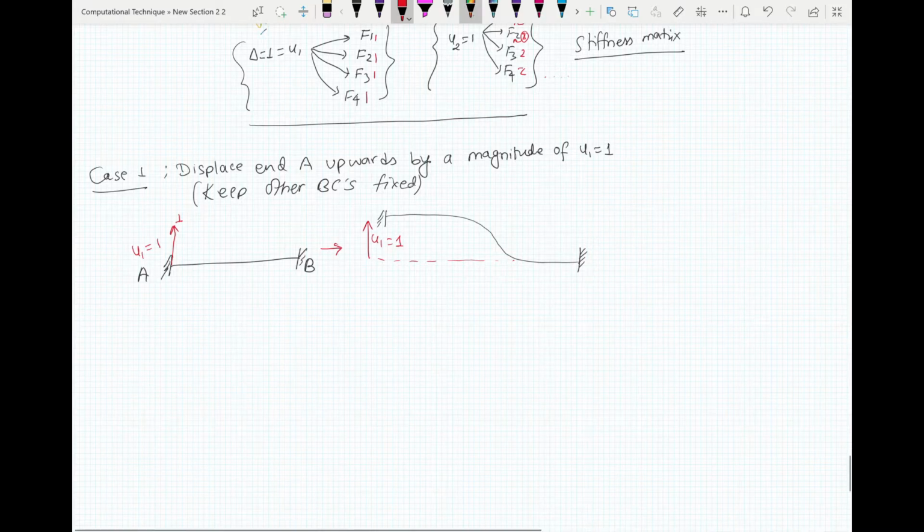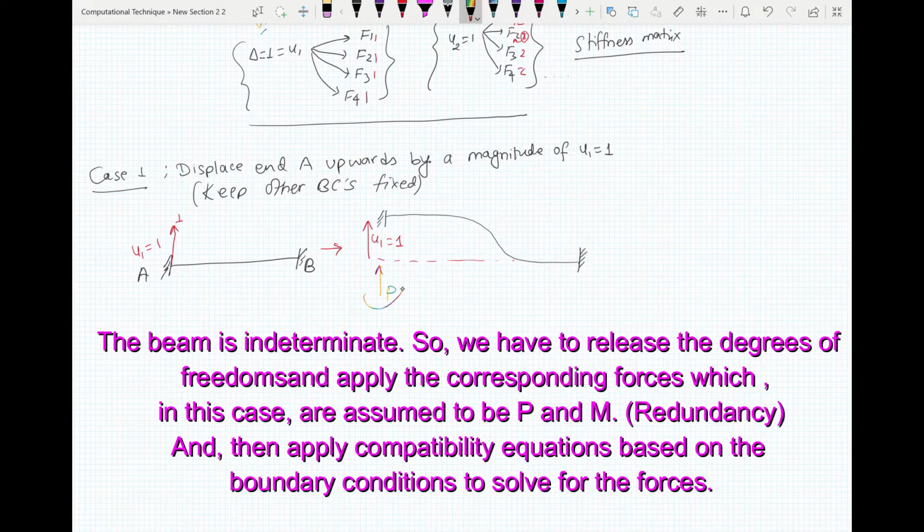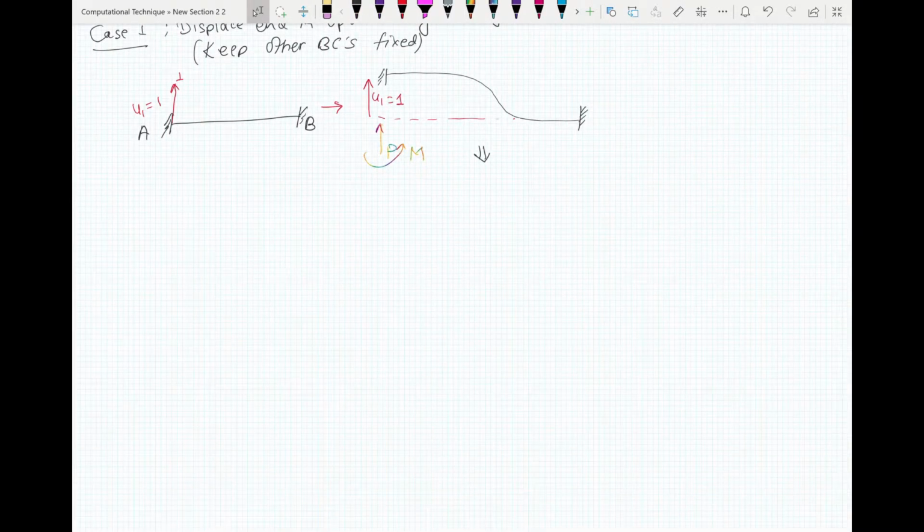Now because of this, there will be two forces developed, which will be P and your moment here. Therefore, what you have to do is separate this by applying the superposition theorem, where you separate the beam into two parts like this, plus like this.